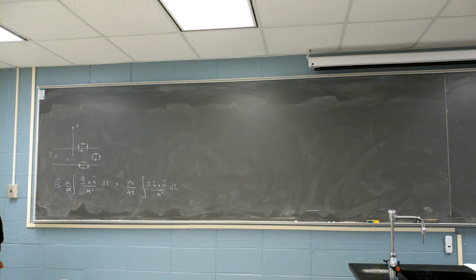So at least think about it. Now you know that there's no x component. So just noodle with it and see if you can get the y and z components.